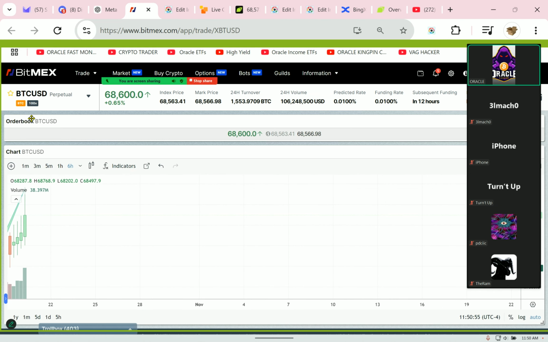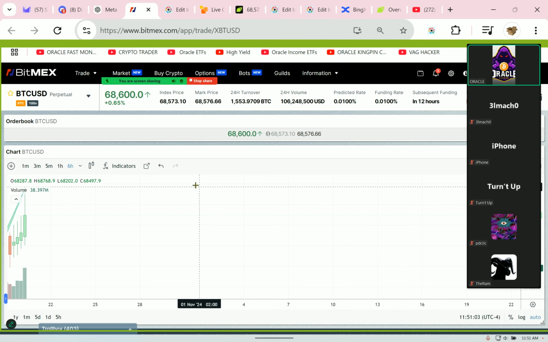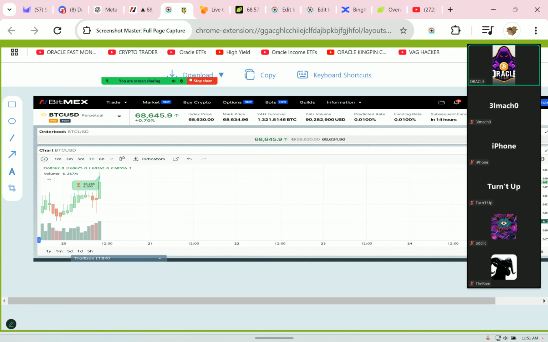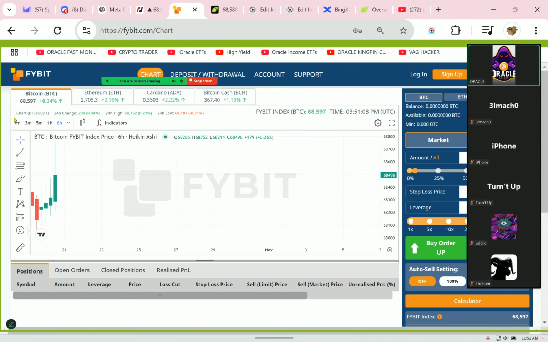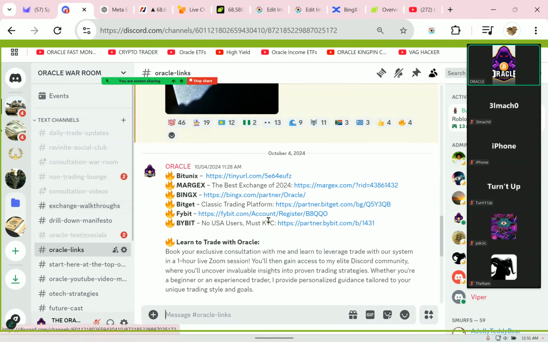Now let me show you all. I like this BitMEX chart because it's comfortable for me. The way I trade is I have whatever exchange I'm using, usually BitMEX, right next to this. I have two tabs. Let's get rid of my screenshot. But I'm going to show you an alternative chart to see the same thing. This is Fibit. You guys can find a link for it over here in the link room.